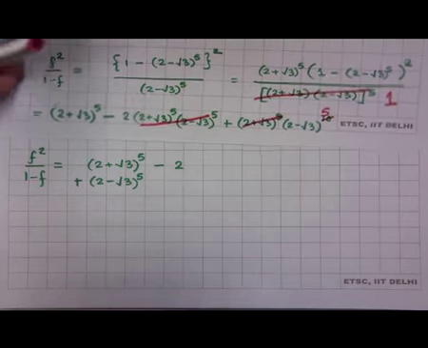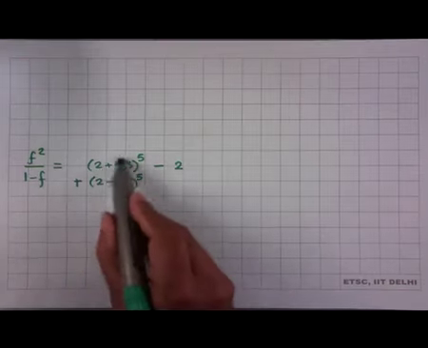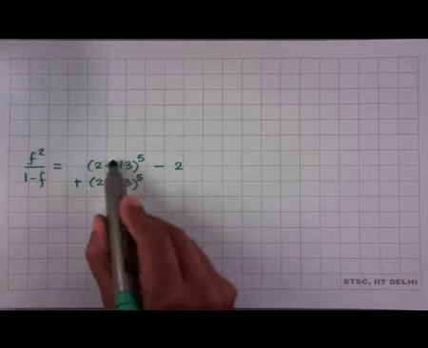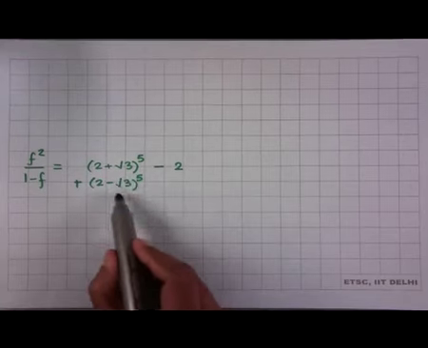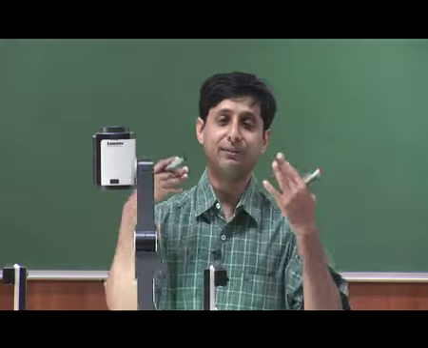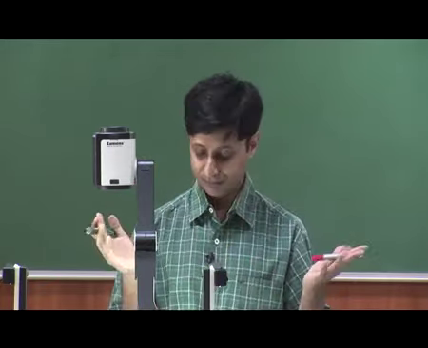All right. And how will you expand this out? This has positive odd terms and this will have the same odd terms, but negative. So, the odd terms do not even have to be considered, only the even terms matter.